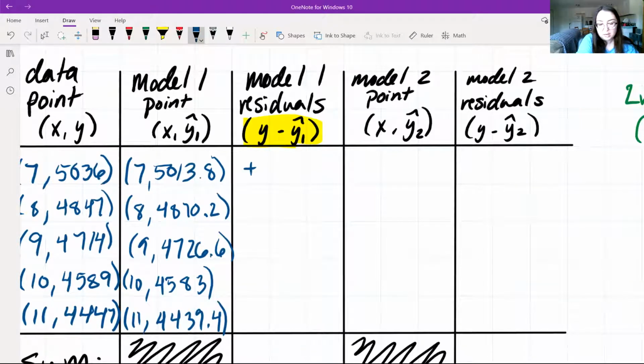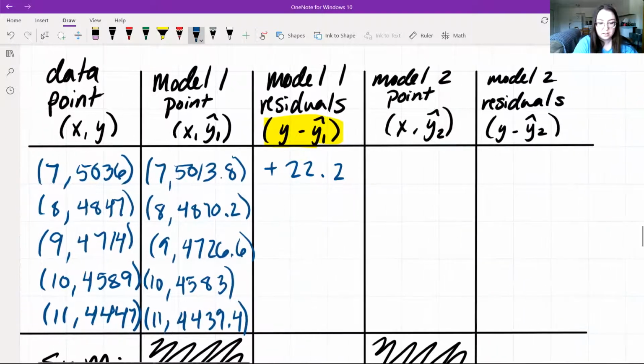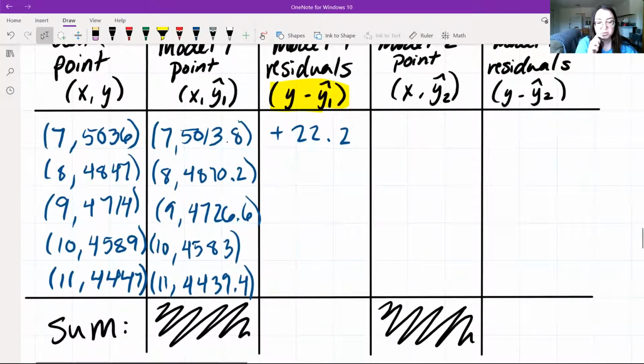And you should have gotten a positive 22.2. For our second residual here, corresponding to the year 2008, we should have done 4,847 minus 4,870.2. That should give us a negative 23.2.